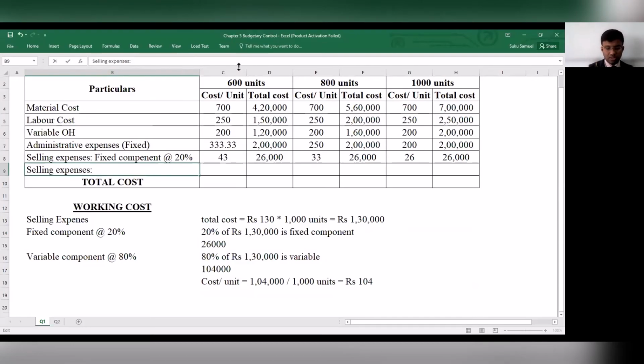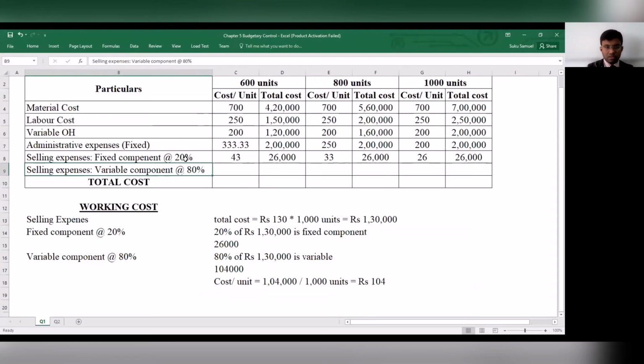So let's just calculate this now. Variable component at the rate 80%. Now, what is unique about variable expense? Variable expense, please remember, cost per unit will always remain the same.